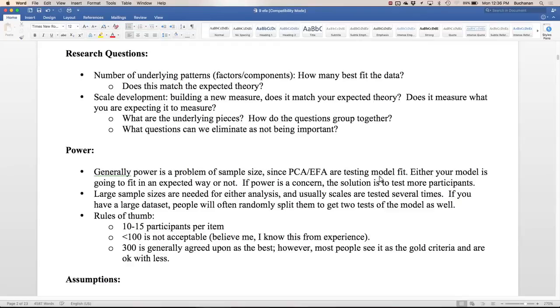So we had all these different questions, and she had a theoretical component. This should be fight, this should be freeze, this should be flight. And I'm like, yeah, no. She's like, but I need them to go here. I'm like, no, it didn't. So she was expecting 3, and it took us a while before we finally got the scale to do what she wanted it to be 3.